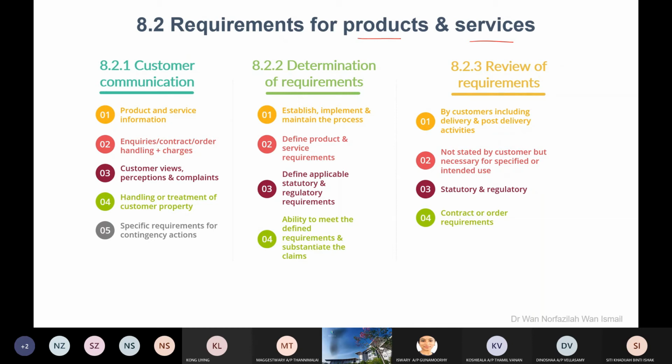And then what are the requirements for products and services? We have another subclause under 8.2, which is 8.2.1, customer communications. You need to communicate with your customer about the product and service information. How to communicate?